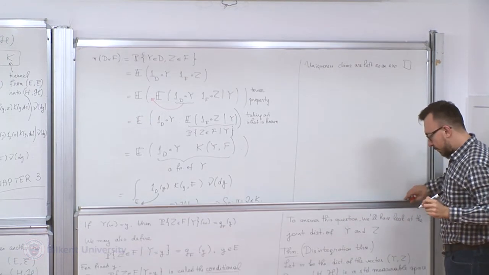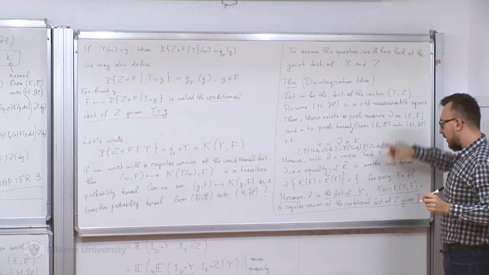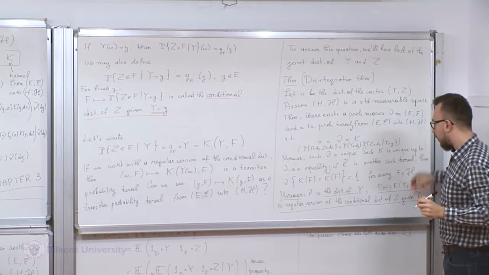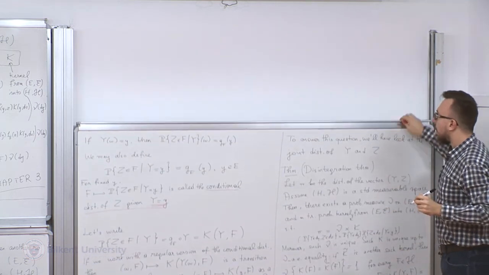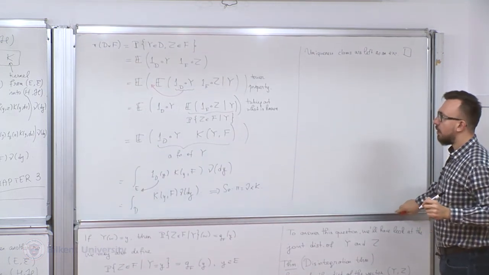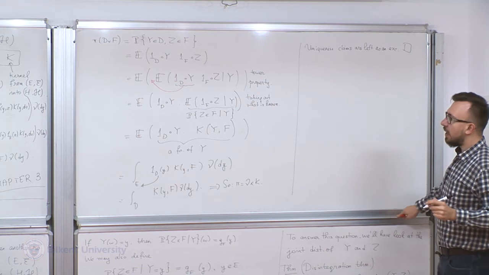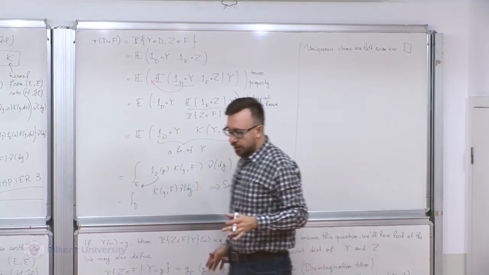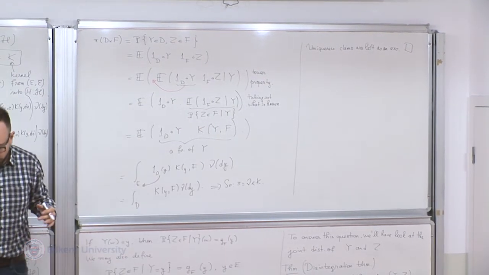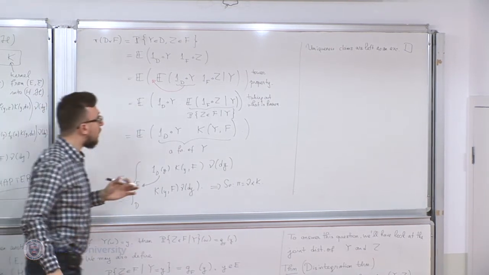So there is a uniqueness part here: such nu is unique, such k is unique, and so on. The crucial part is that we can disintegrate the joint distribution into a measure and a kernel.